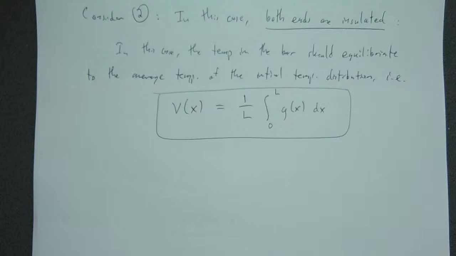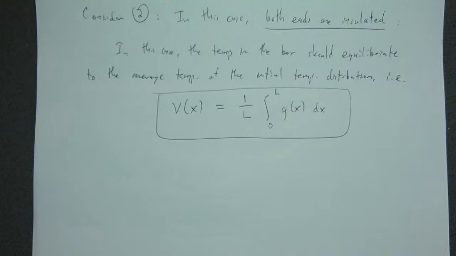It turns out that the temperature it equilibrates to should be the average of the initial temperature distribution. If that's a little confusing, then just wait. Soon enough, we'll have full justification for this when we have an explicit form of the solution in front of us. Okay.